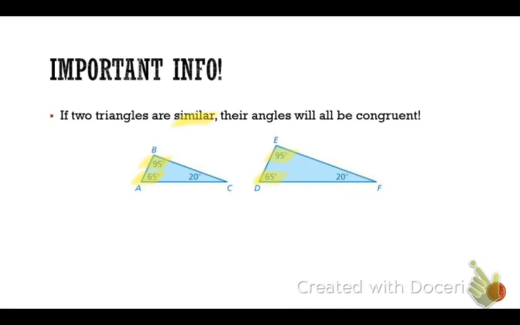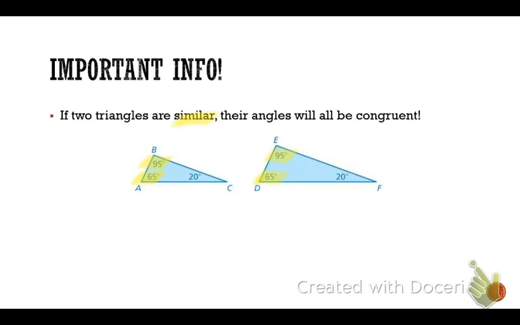These two can't be 65 and 95 and then 30, because it's got to add up to 180. So the only measurement the third angle could be is 20. It's not going to be anything different on the other one. You following me? If two of my angle measures are the same and my sum has to be 180 on both, the third one is going to be the same.